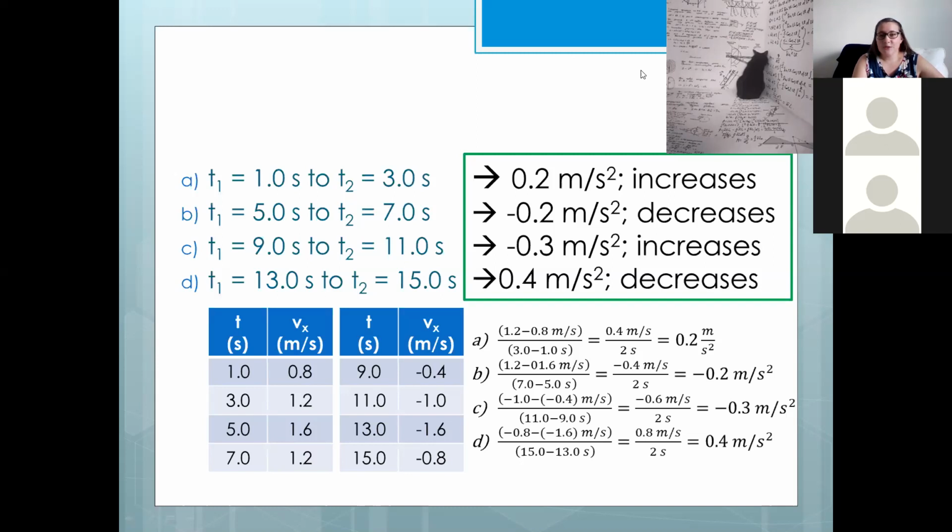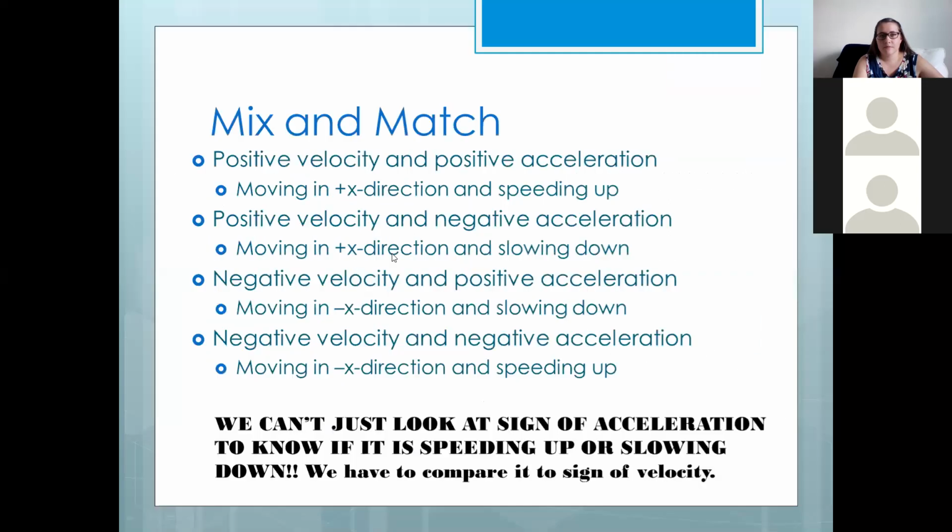Okay, so let's move on. Looks like we are feeling pretty good about these. Okay, so a thing to keep in mind when we're thinking about velocity and acceleration, since they are so closely related to each other, it is okay to mix and match the signs that our velocity and acceleration have.